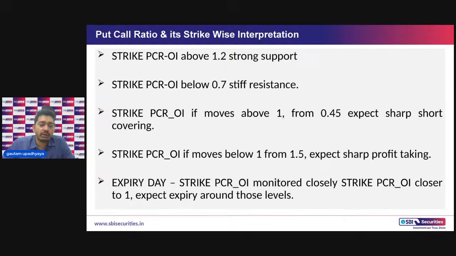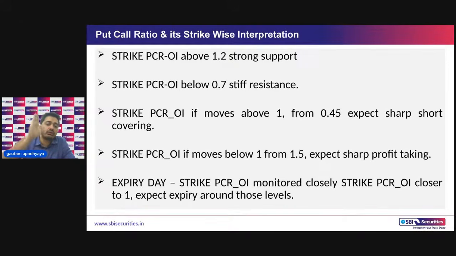How you can interpret कि अगर कोई रिवर्सल आ रहा है, this put call ratio number will not remain constant, it will also keep on changing with the direction of the market. So if the value goes from 1 to 1.5, anything from a lower value moving towards higher values, it means that there is more put writing which is taking place, or call writers are closing out their position.